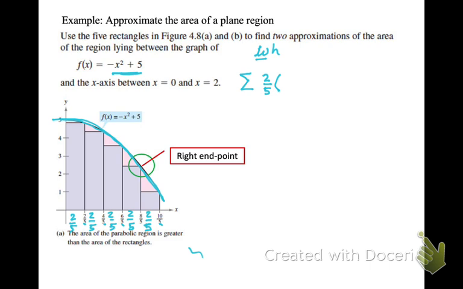I want to put this into this equation, right? So wouldn't it be negative 2/5 n squared plus 5?